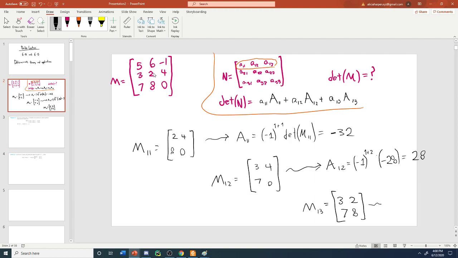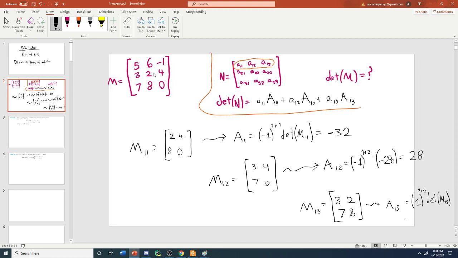And then finally, for M13, A13 is going to be equal to -1 raised to the 1 plus 3 times the determinant of M13, which in this case is going to be 3 times 8, so 24, minus 14, and then times a positive 1, so 10. So I've now computed the corresponding cofactors of interest.